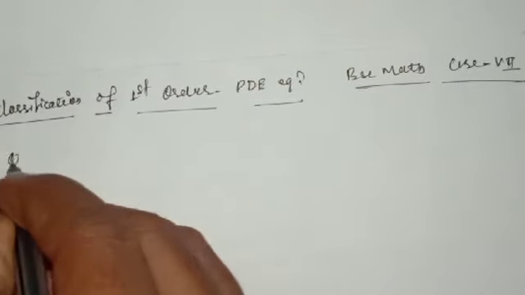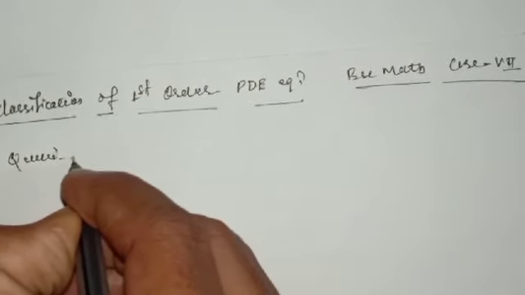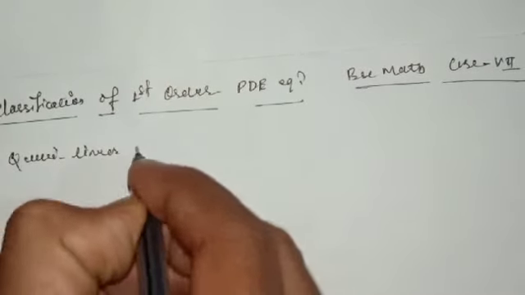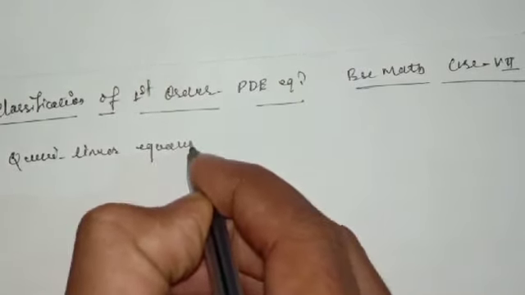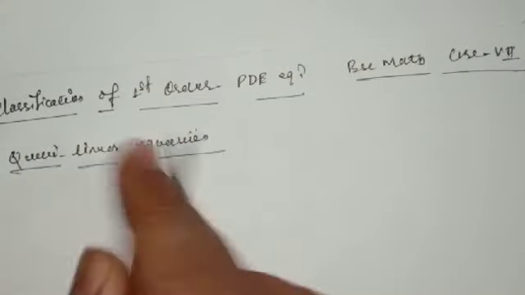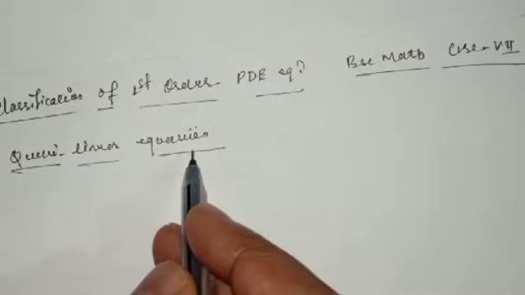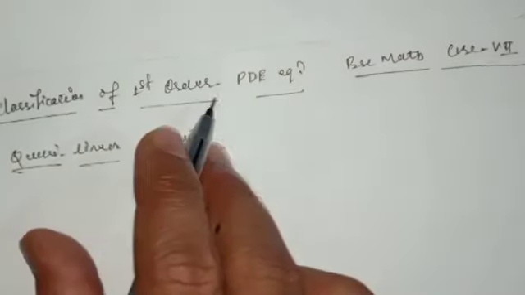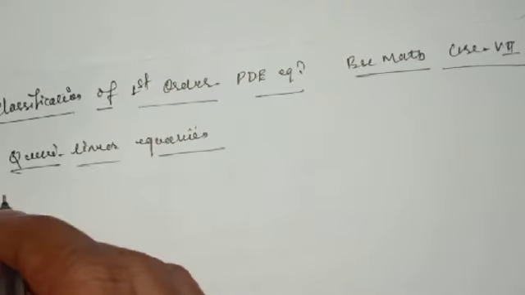First topic is quasi-linear equation. This is the first topic, that is quasi-linear equation. Let us write the definition of this equation.